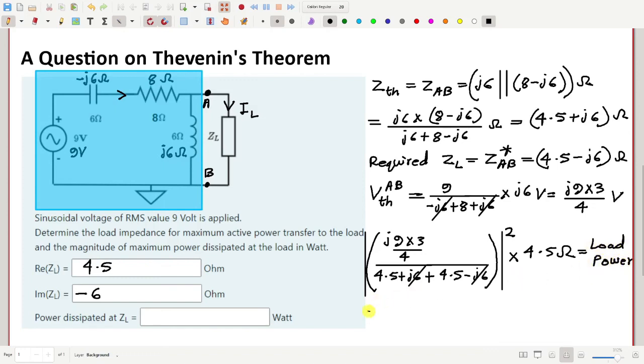You can now simplify it and you will get 2.53125. This is in watt, this was ampere. So the answer for the last part, power dissipated in ZL, is 2.53125 watt.